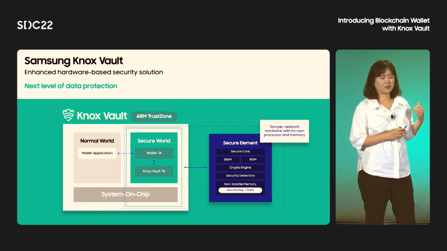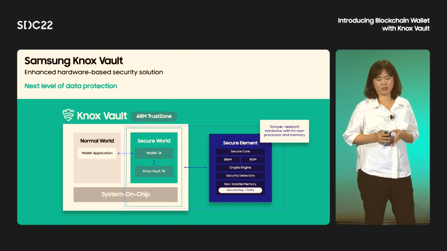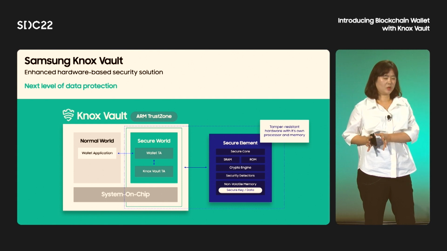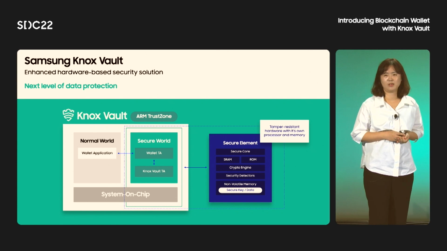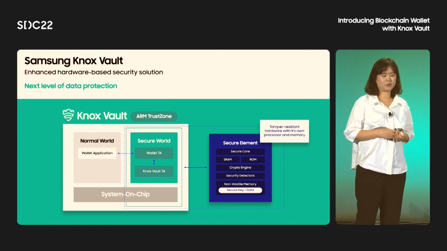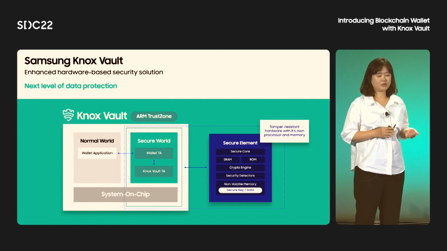For its cryptographic operation, blockchain wallet asks Knox Vault to generate a key, and Knox Vault then generates a key inside the secure element, but does not expose it out of the secure element. Instead, the wallet TA can request Knox Vault to do an encryption using the key and get the encrypted result.